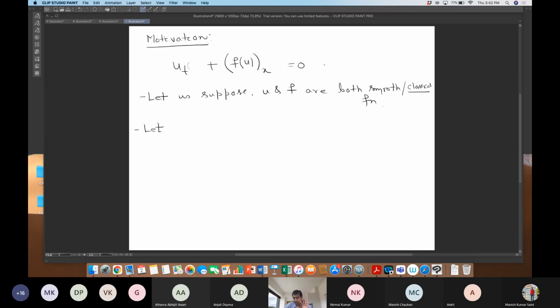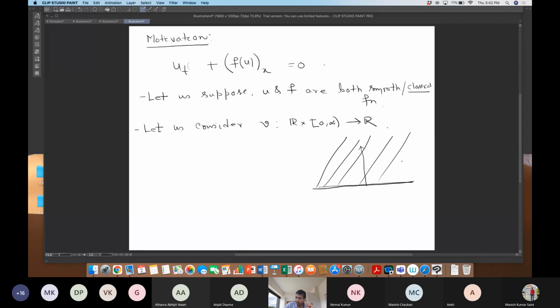Now let us consider, this is just a motivation part, a function v from R cross (0, infinity) to R. So the domain of v is this, including this part also.